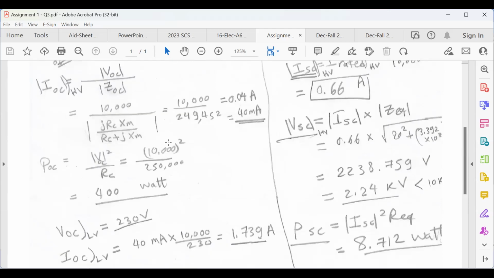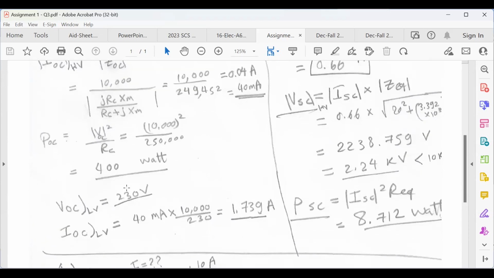So I moved from 10,000 to 230. The voltage reduced, so I expected the current to increase from 40 milliamps to 1.739 amps.